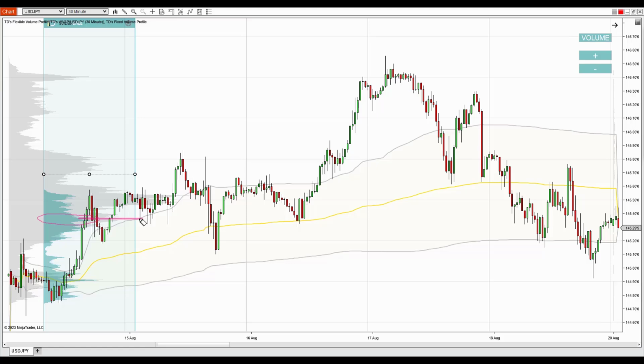And as you can see, the peak of the heavy volume zone is in this place, at the same place where the price made a pullback to the first deviation of VWAP. So it's not only this VWAP trend strategy telling me to go long, but also the volume profile trading setup telling me to go long from the same place.